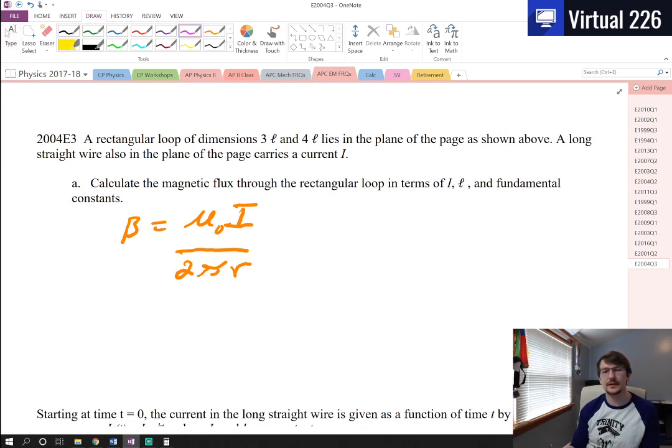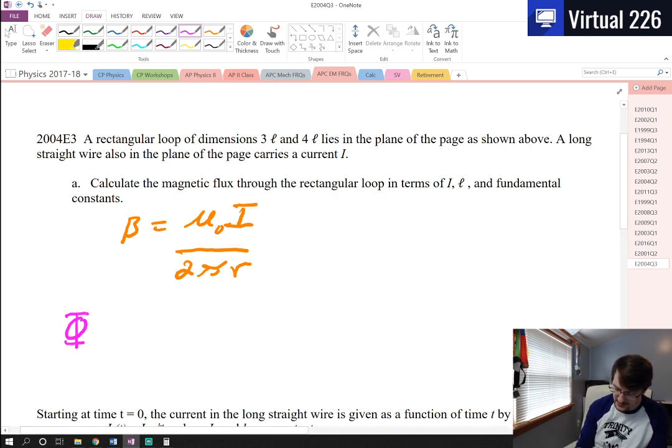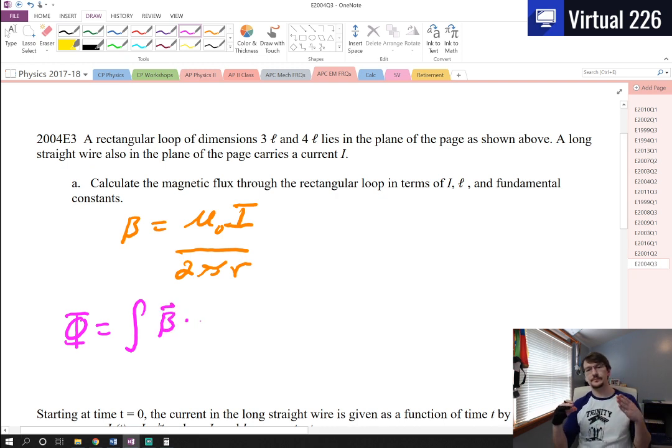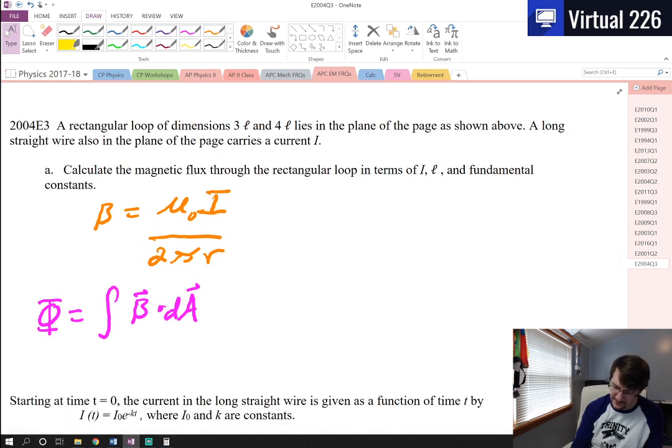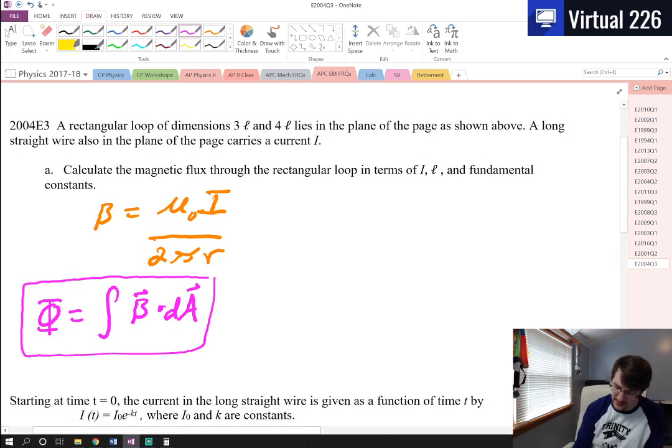Using the equation for flux, the flux is equal to the integral of whatever your field is, in this case a B field, dotted with the surface area that you're passing through. Now, this loop is at 90 degrees to the field, so we don't have to worry about a cosine product here, but this is the equation that we need to set up. We have a value for B.